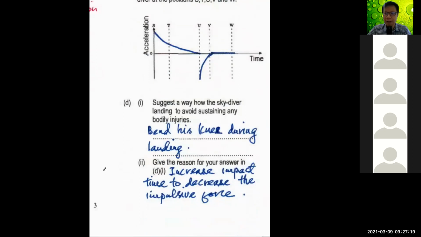That is the purpose, to make the impact time longer so that impulsive force becomes smaller. Now you just accept the answer first. When we come to lesson 6 or 7, you will learn impulsive force.